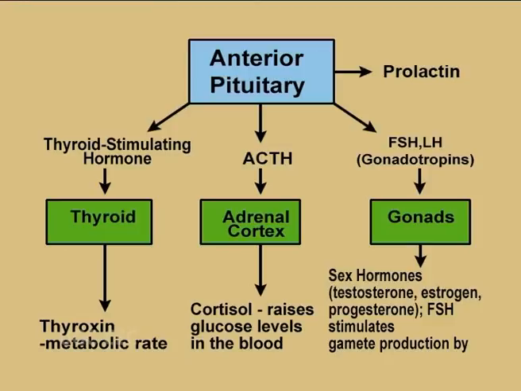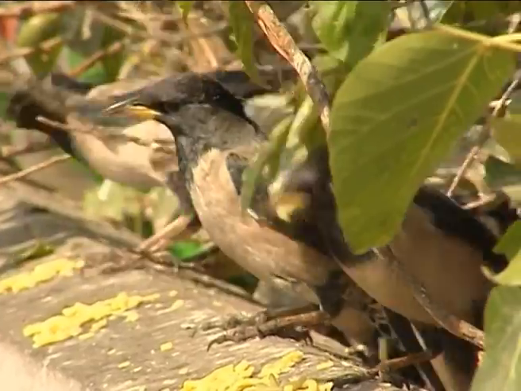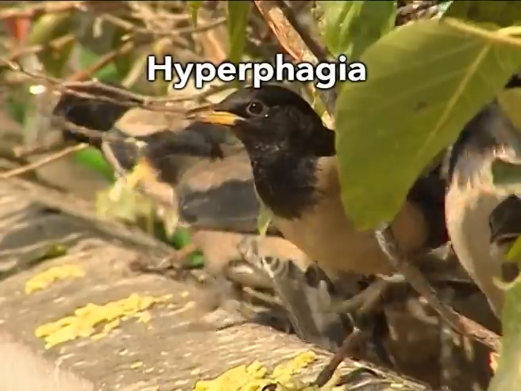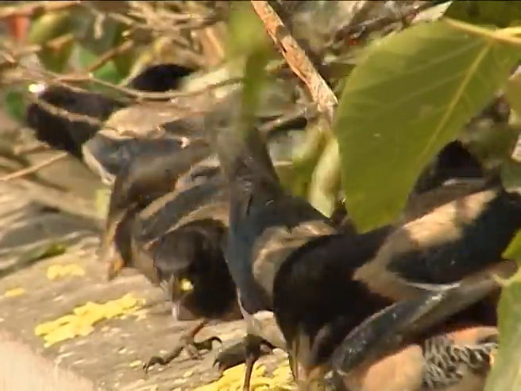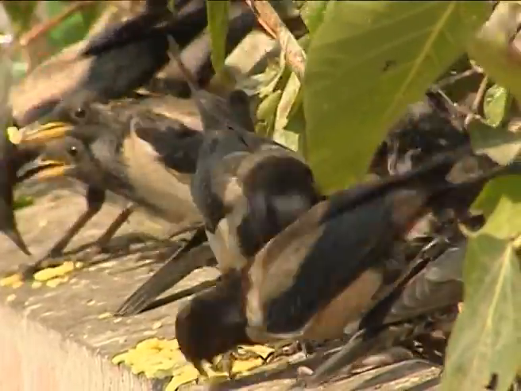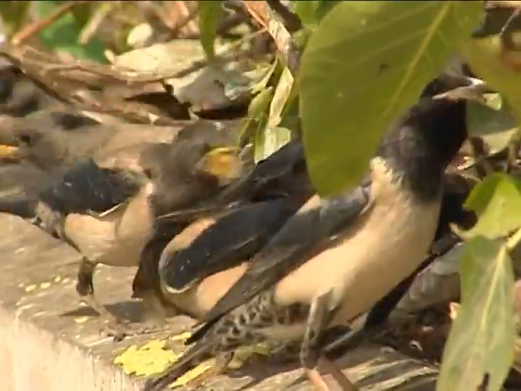These hormonal changes lead to a condition which is called hyperphagia, during which the bird eats a lot. They start putting on weight, because during migration they may not get a chance to take food.